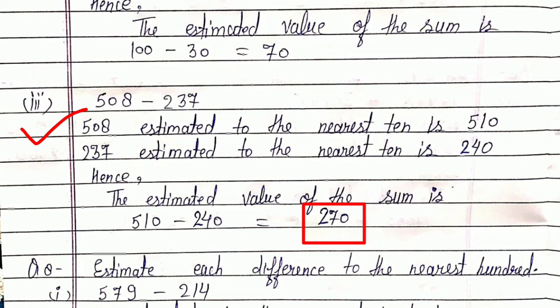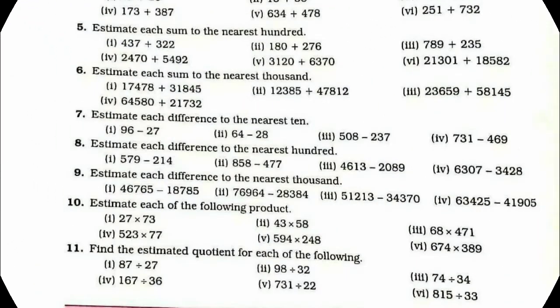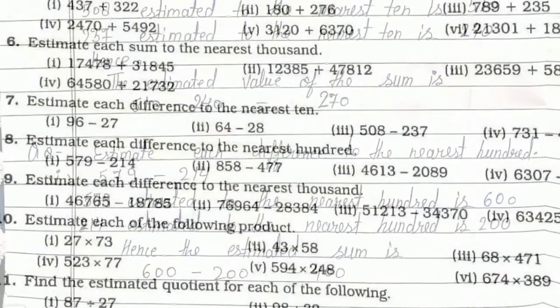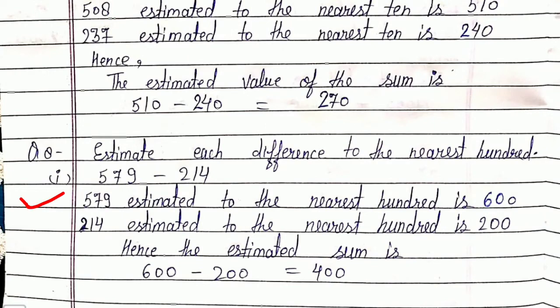We are moving to the next question, question number 8. The question is saying estimate each difference to the nearest 100. Now here some numbers are given and we will find the difference after rounding off to the nearest 100. Let us see how we will solve these types of questions. 579 estimated to the nearest 100 is 600.